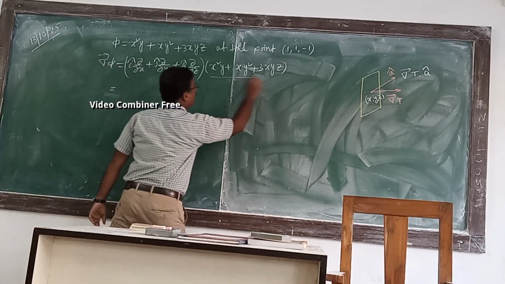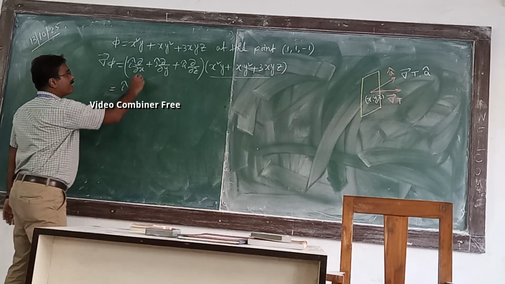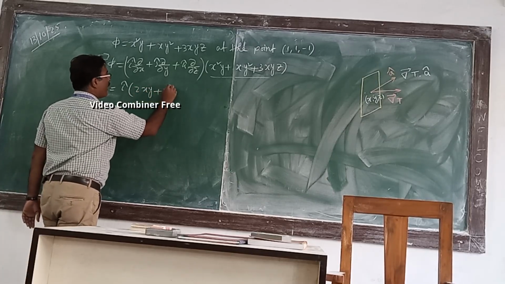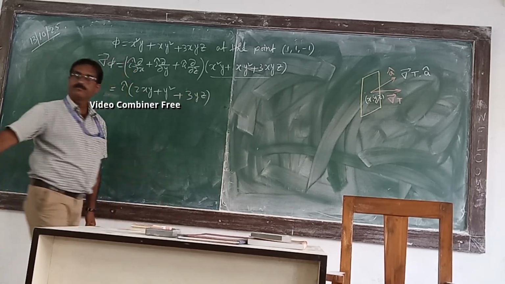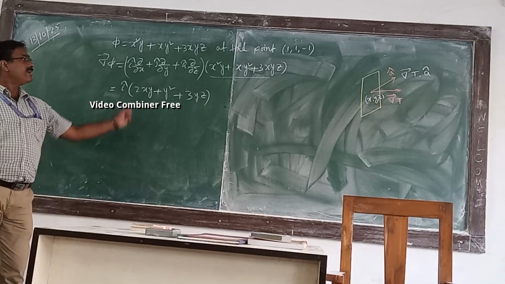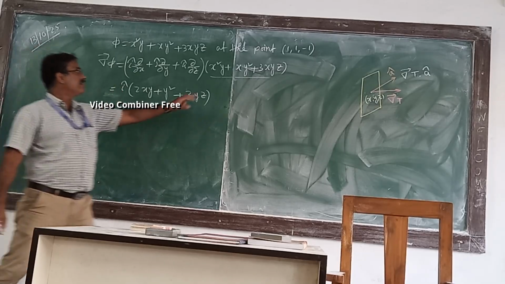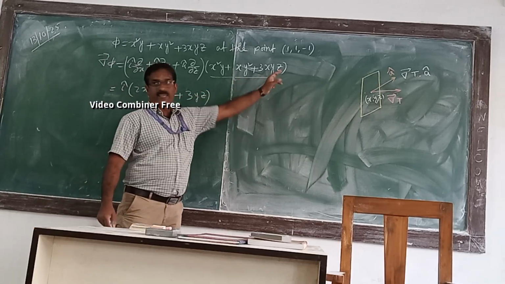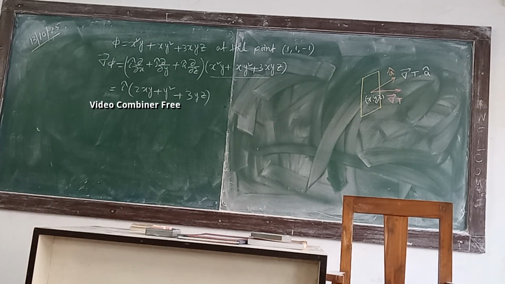Del x of this is i cap times 2xy plus y square plus 3yz. Del x is the partial derivative: with respect to x, y and z are constant. Only differentiate with respect to x.